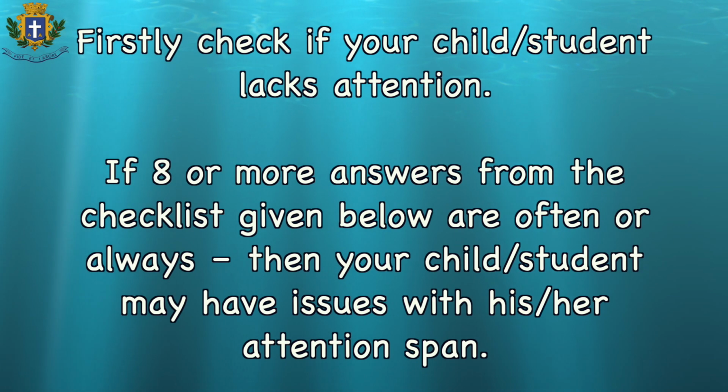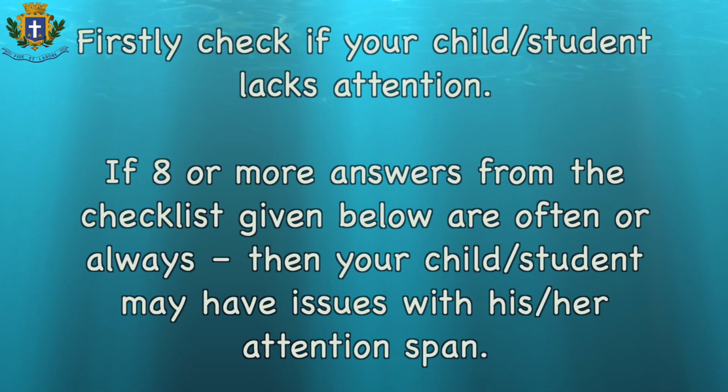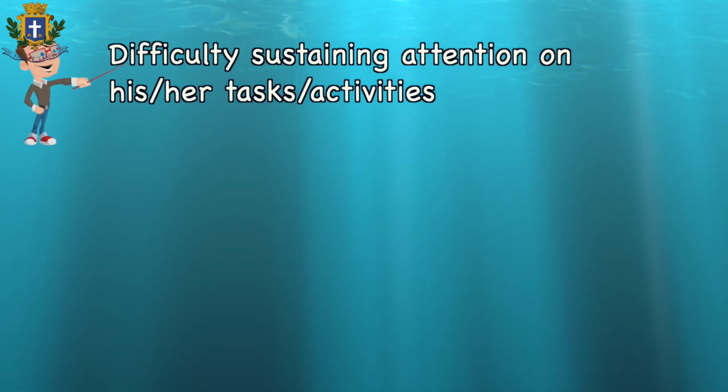Firstly, check if your child or student lacks attention. If 8 or more answers from the checklist given below are often or always, then your child or student may have issues with his or her attention span. Difficulty sustaining attention on his or her activities.